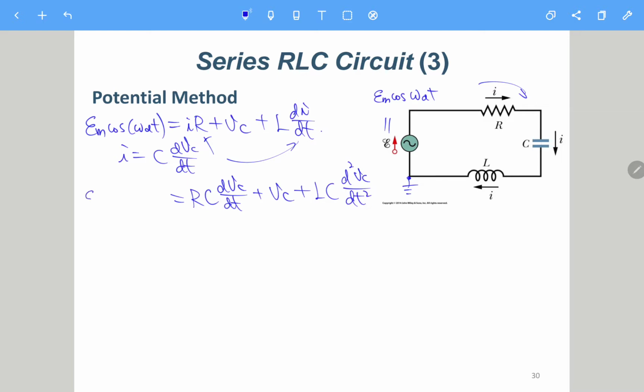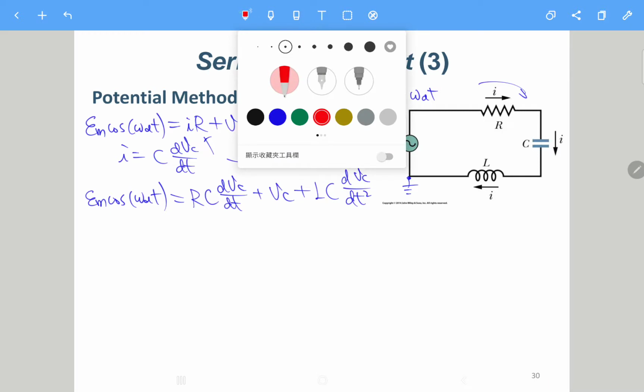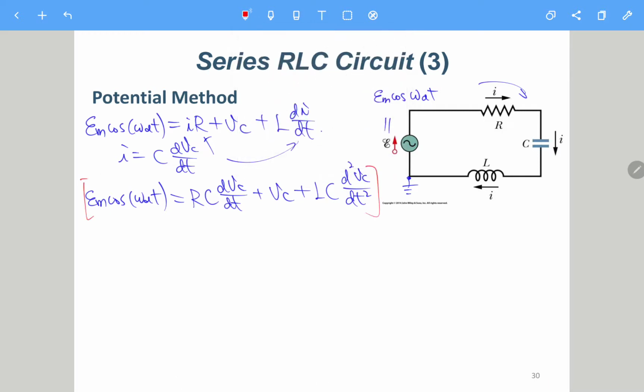And then this is still Em cosine omega dt. Here we can actually take the derivative of both sides, d dt on both sides.